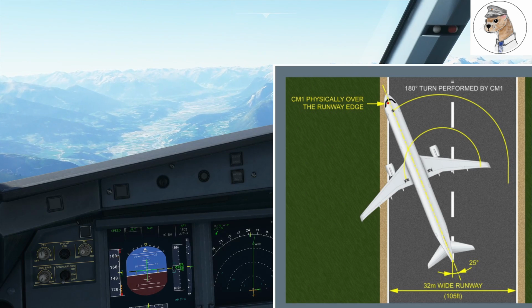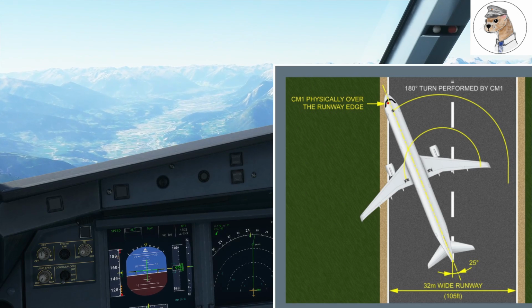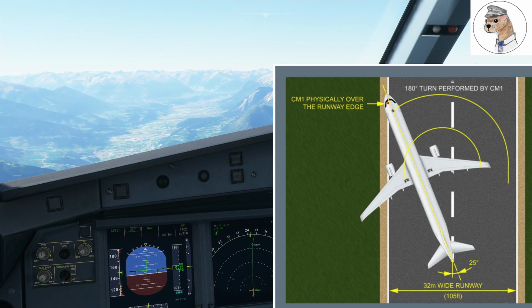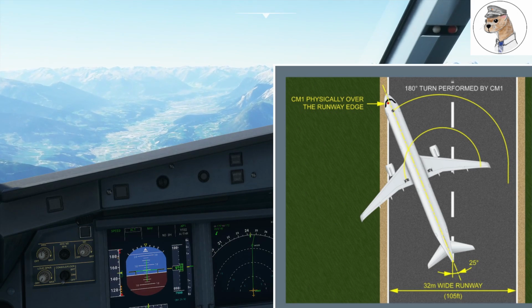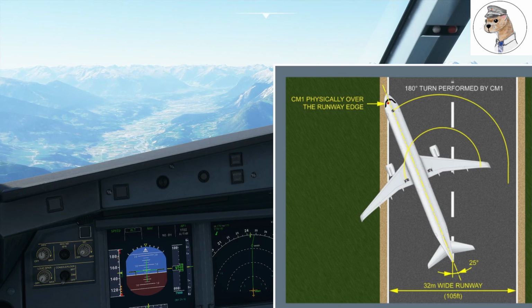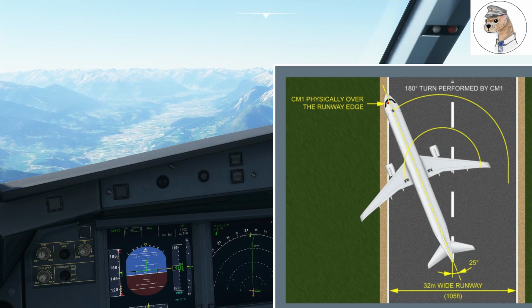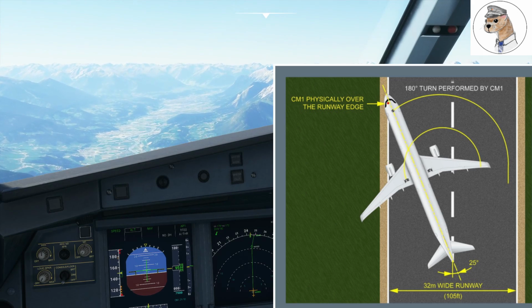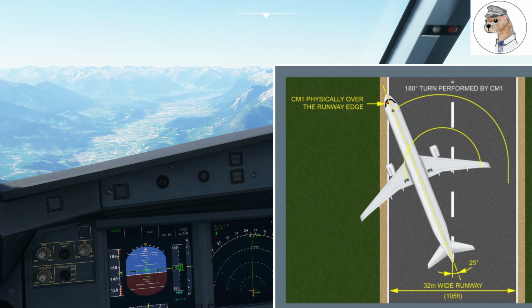If you want to perform this, you're going to have to offset yourself 25 degrees from the runway centerline, position yourself over the runway edge, which can feel very strange from way up in the cockpit, and then pull a hard turn to round yourself back onto the centerline.